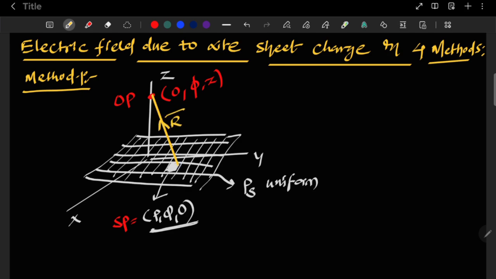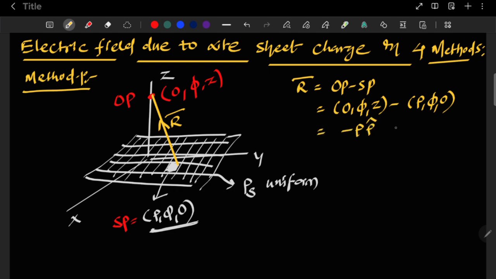So r bar is given by OP minus SP, that is equal to 0 comma phi comma z minus rho comma phi comma 0. It is equal to minus rho cap plus z into z cap. So what is the magnitude of r? It is equal to square root of rho square plus z square.